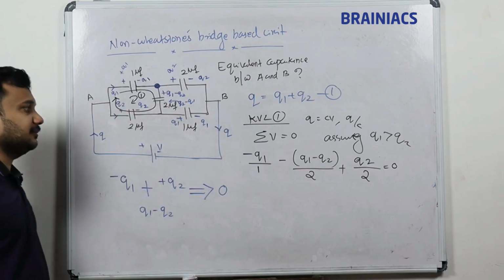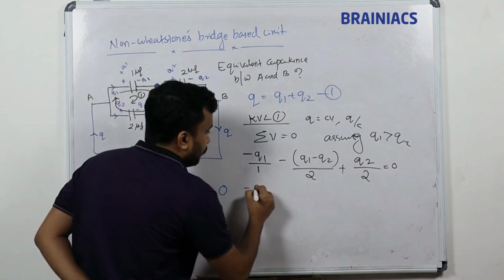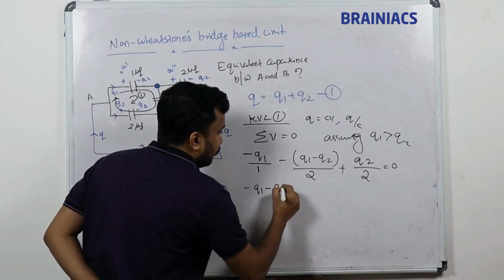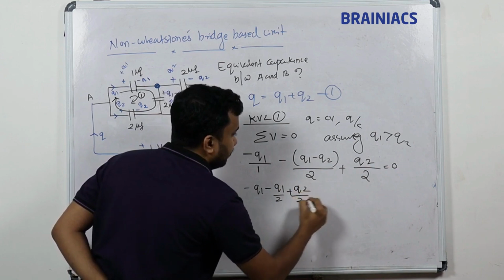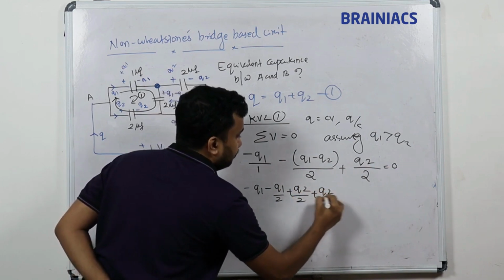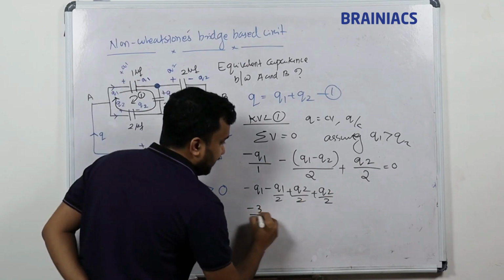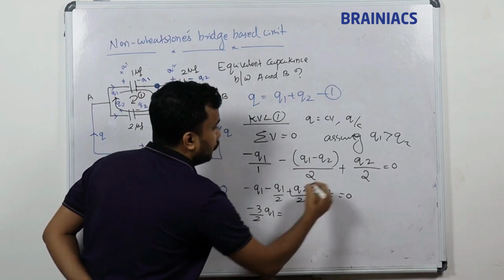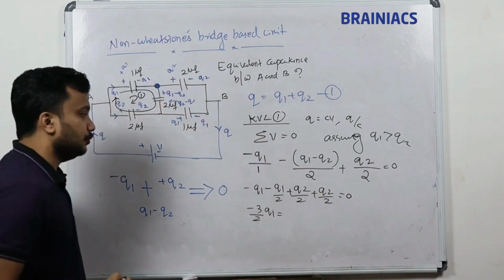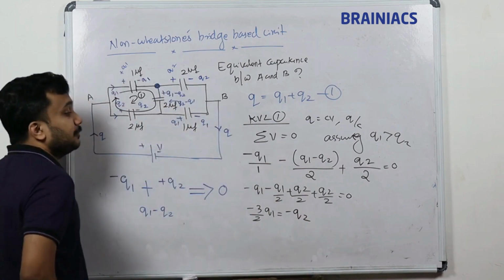Now I have to solve this. Minus Q1 by 2 plus Q2 by 2 plus Q2 by 2, so this becomes minus 3 by 2 Q1 plus Q2 equal to 0. Q2 by 2 plus Q2 by 2 means Q2. Taking it to the left-hand side, minus and minus cancel.